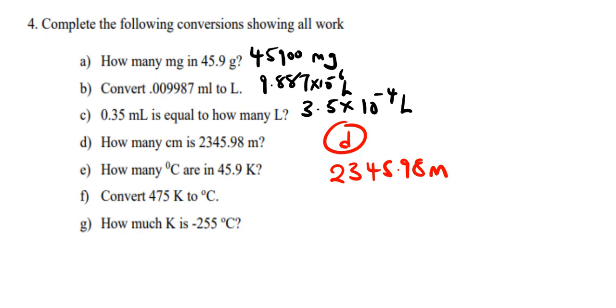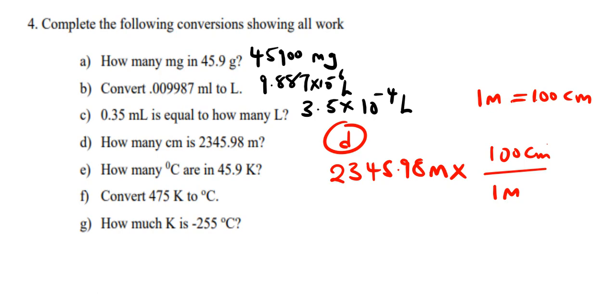Since we're converting, you know that 1 meter is equal to 100 centimeters. Now that we've got this, what are we going to do? We're going to multiply this by the conversion factor. So we put the 1 meter down, and 100 centimeters on top, divided by 1 meter.